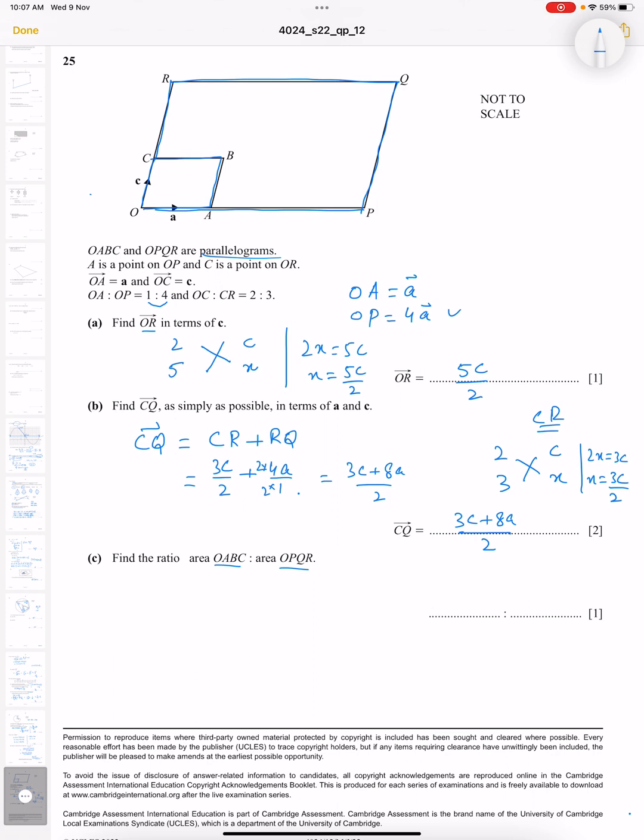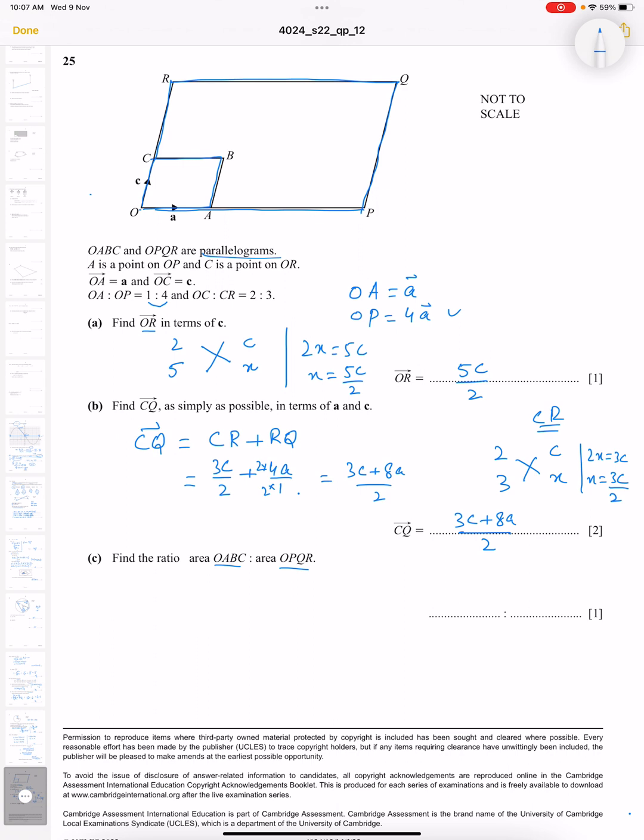We cannot say these parallelograms are similar because in similarity all sides increase by the same ratio, and we don't have that information here in this question. We know that OP is 4 times OA, but here OR is not 4 times OC, so we cannot predict whether these are similar or not.